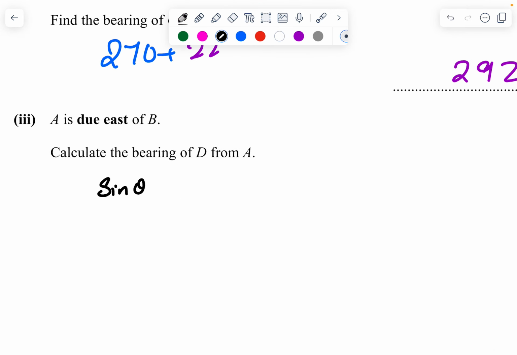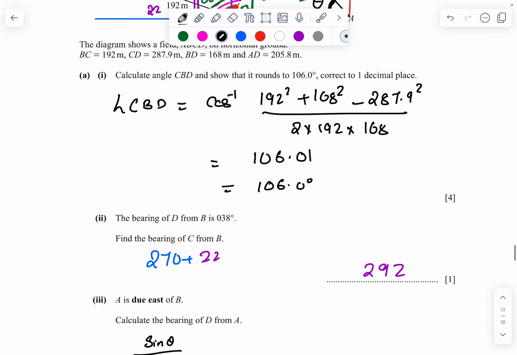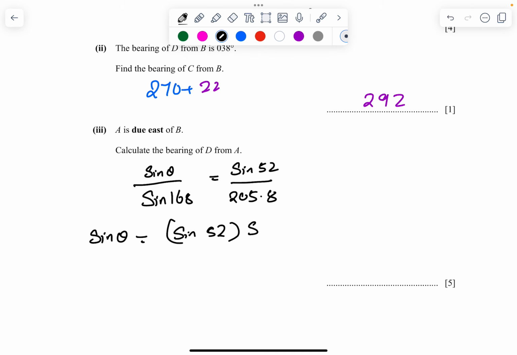Sine theta divided by 168 equals sine 52 divided by 205.8. So from here, sine theta equals sine 52 times 168 divided by 205.8.